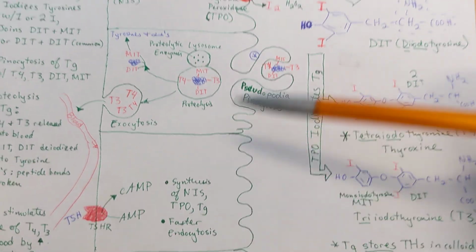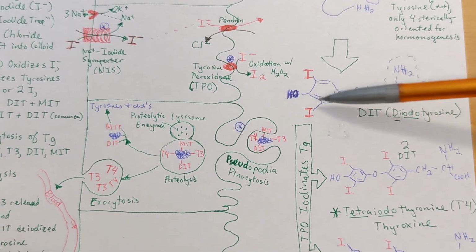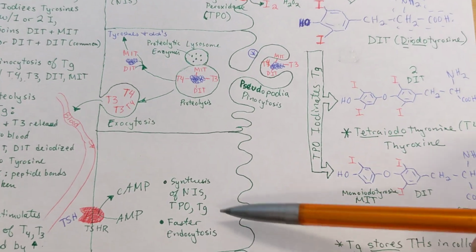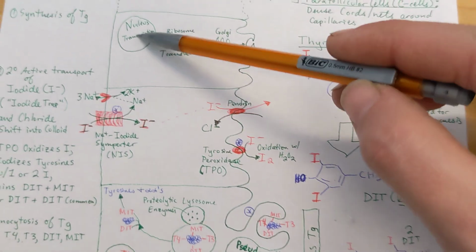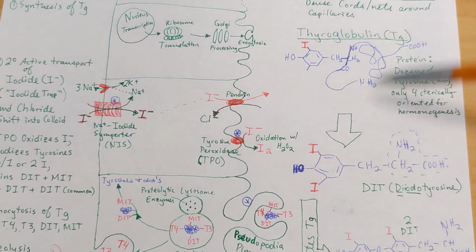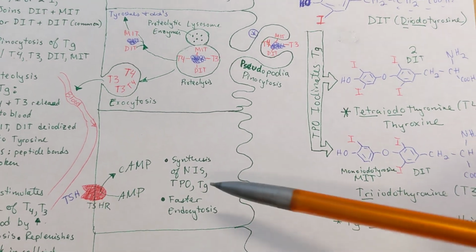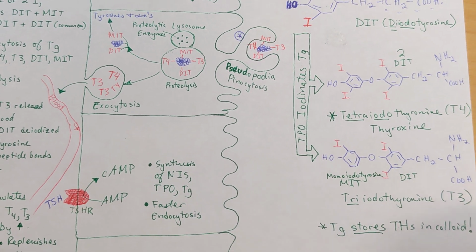Okay, it's going to increase TPO, this enzyme responsible for iodinating different tyrosine residues on the larger thyroglobulin molecule, and it's going to increase the synthesis of thyroglobulin itself. So up here, transcription, translation, processing, and ultimately loading up that colloid with lots of thyroglobulin. Okay, so TSH essentially increases all of this substrate available to make thyroid hormones.